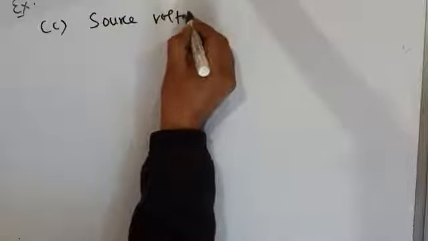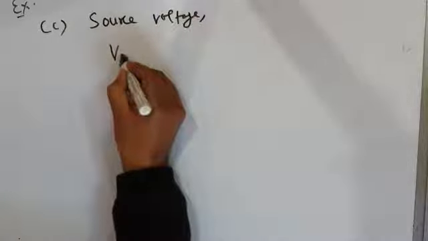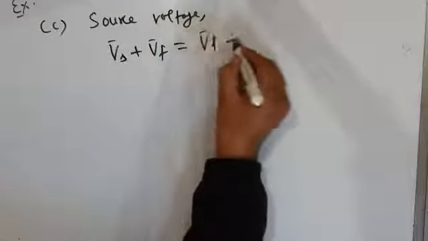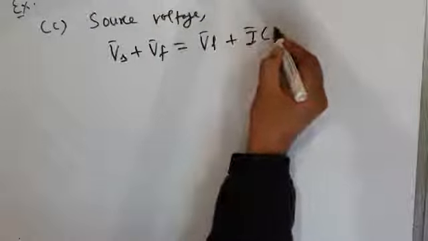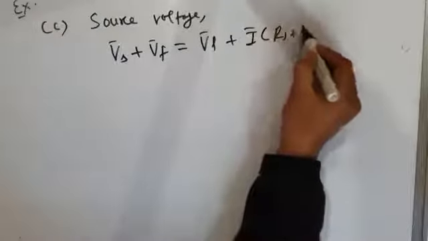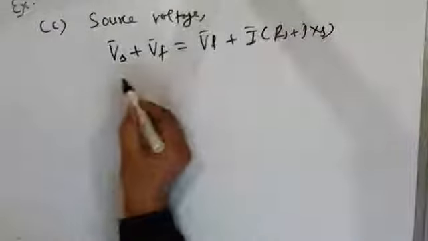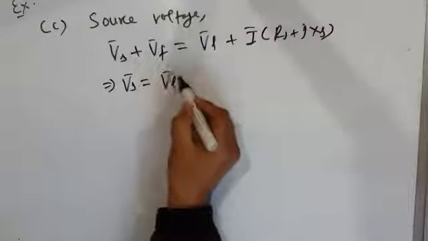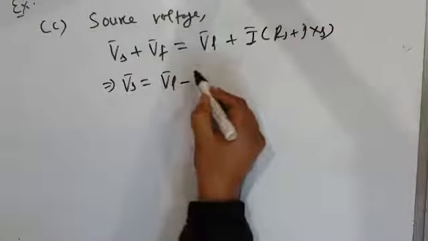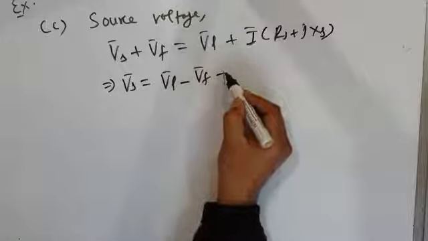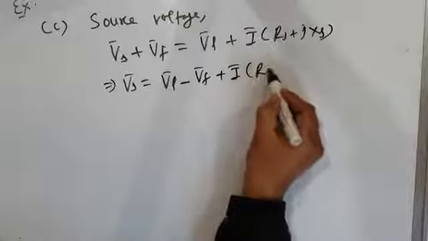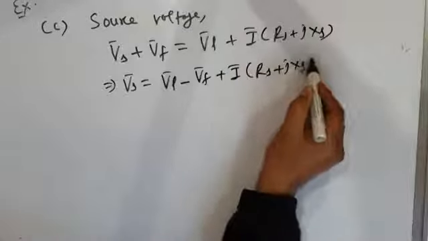Source voltage is given by, see, your VS plus VF, you already know, is equal to VL plus I into RS plus J XS. यहाँ से आप source voltage निकाल सकते हो. Source voltage is load voltage minus VF plus I into RS plus JXS.